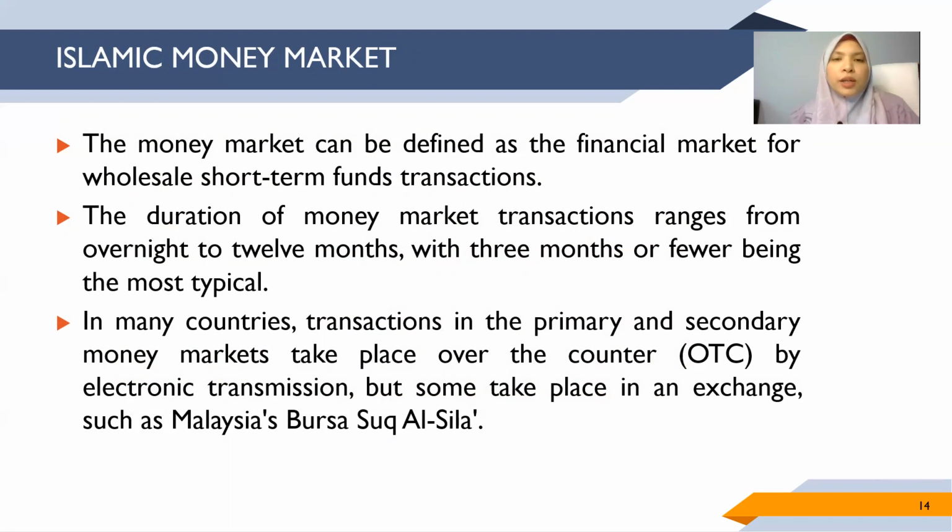In many countries, transactions in the primary and secondary money market take place over the counter by electronic transmission, but some take place in an exchange, such as in Malaysia, Bursa Suq Al-Sila. Bursa Suq Al-Sila is one place in Bursa Malaysia where commodity transactions happen.